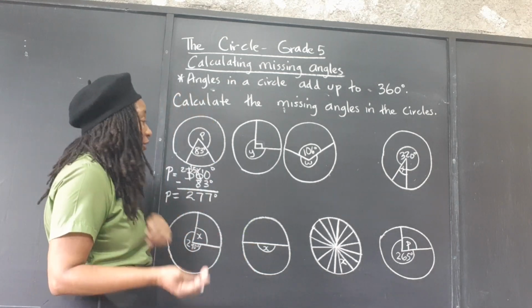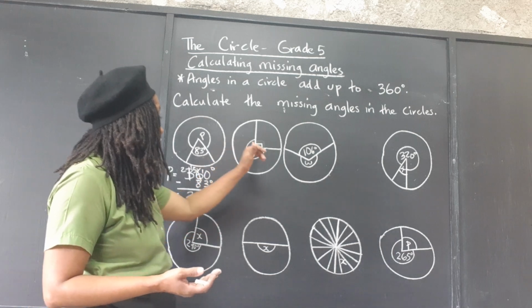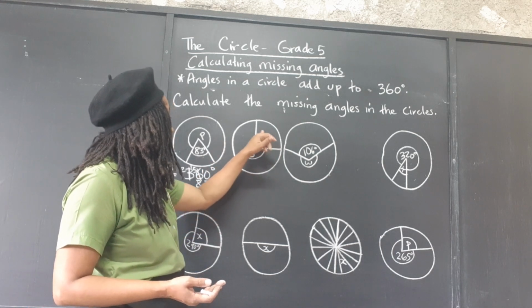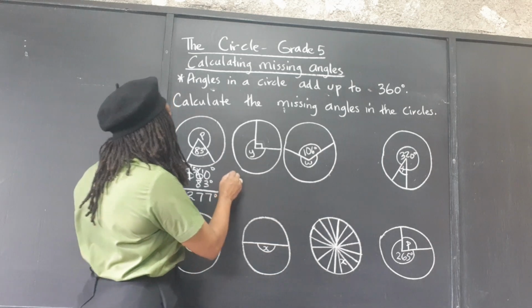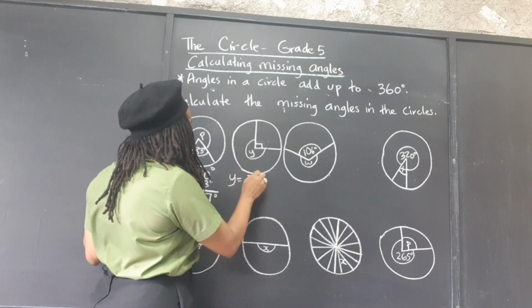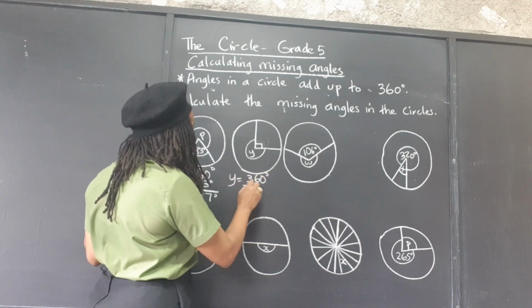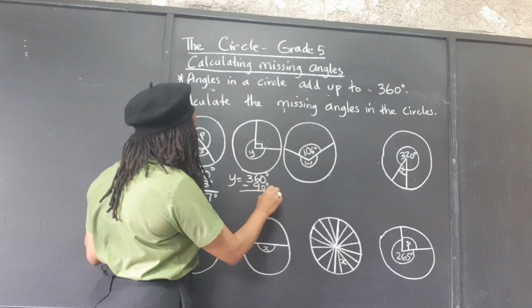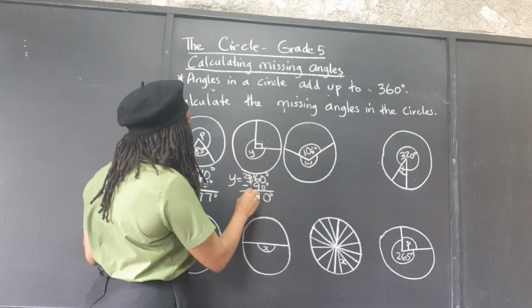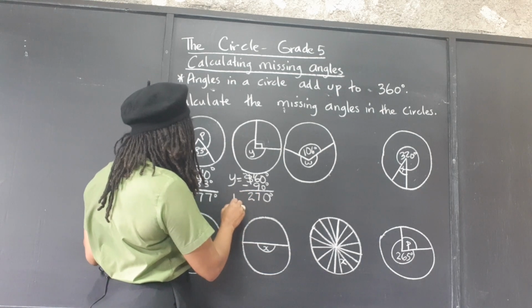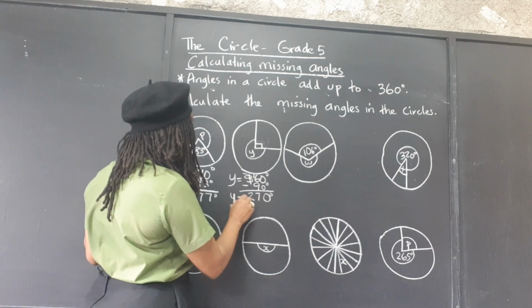Therefore, even though they didn't write 90 degrees, we know it's 90 degrees, and we know that the full circle is 360 degrees. So angle Y is going to be 360 degrees minus 90 degrees. And that is 270 degrees.